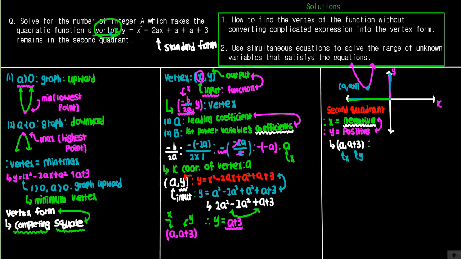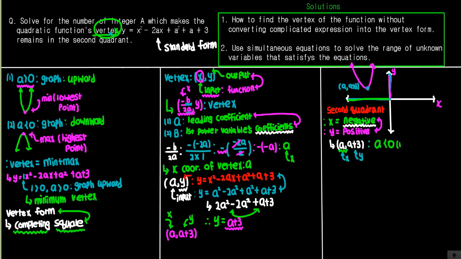So we can say that the x value should always be negative, which means in this case the x value is equal to a. So the a value should always be less than 0, which shows our first statement true.